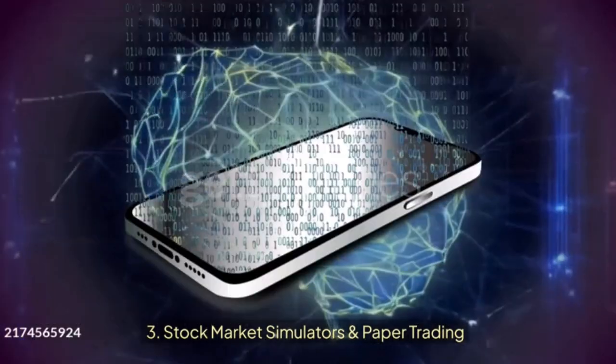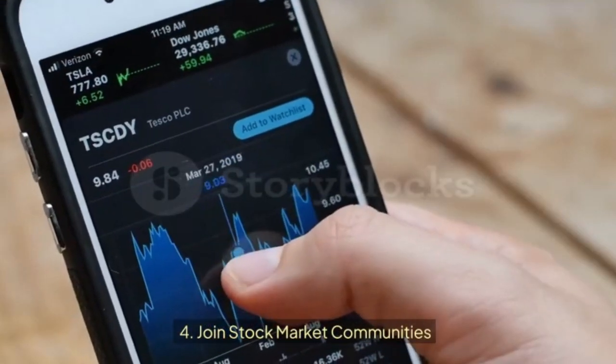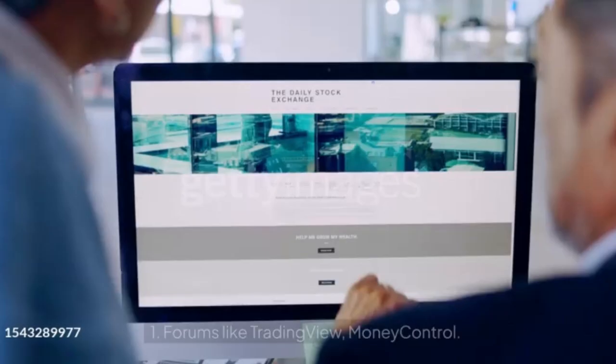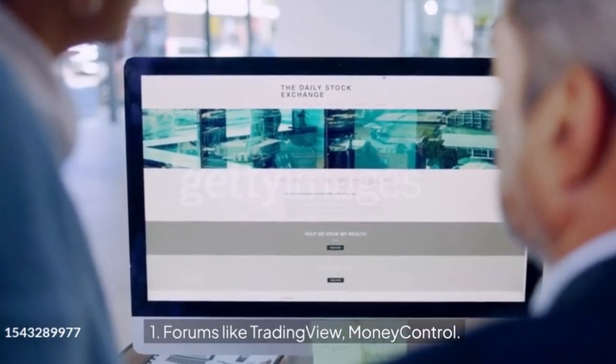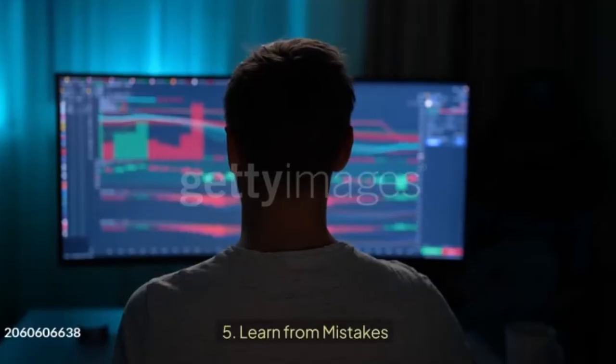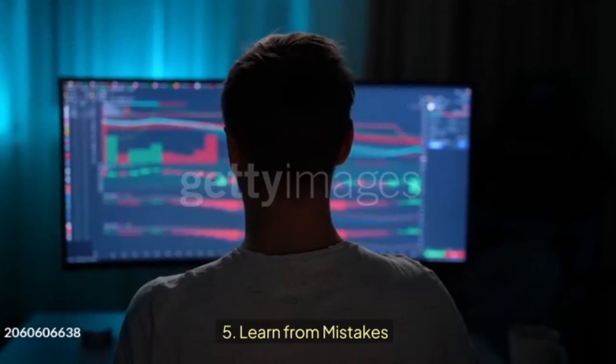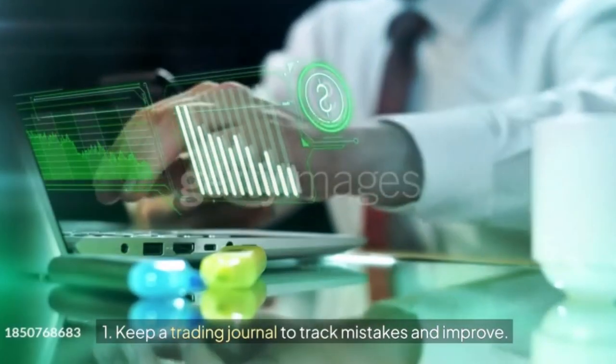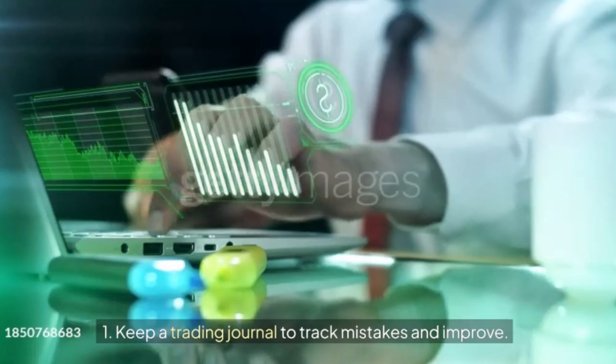Stock market simulators and paper trading. Practice without risk. 4. Join stock market communities. Forums like TradingView, Moneycontrol. 5. Learn from mistakes. Keep a trading journal to track mistakes and improve.